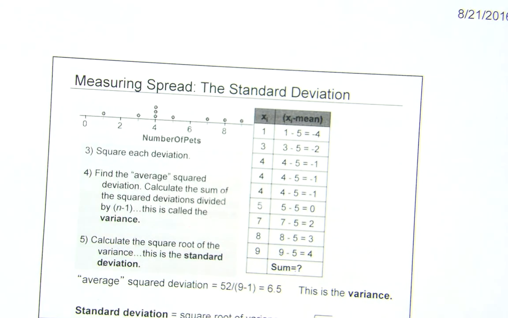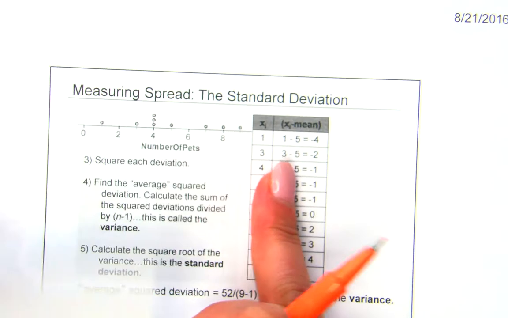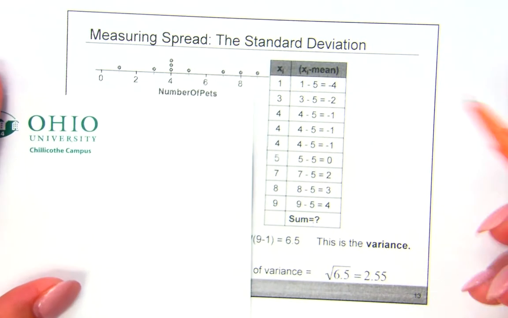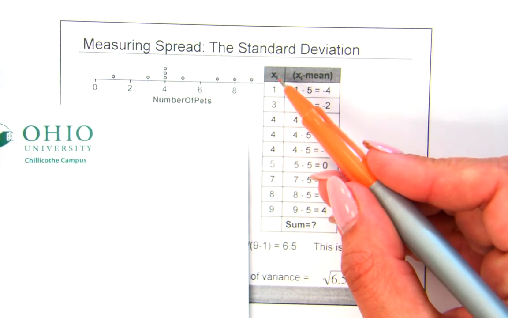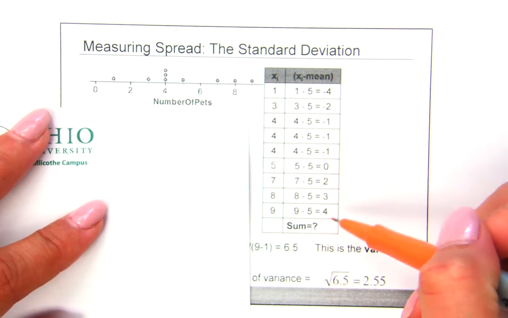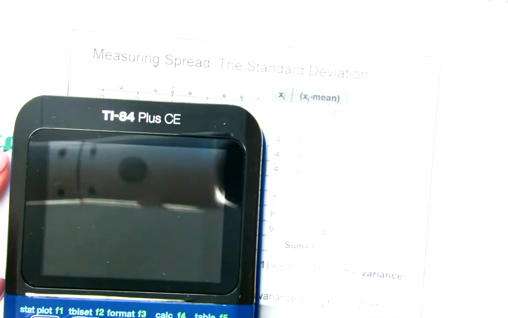You do this with all your observation points, and you get something that looks like this. So xi being your observation point, xi minus your mean gives you these values right here. If you sum all these up, I'm going to do that really quick on the calculator.